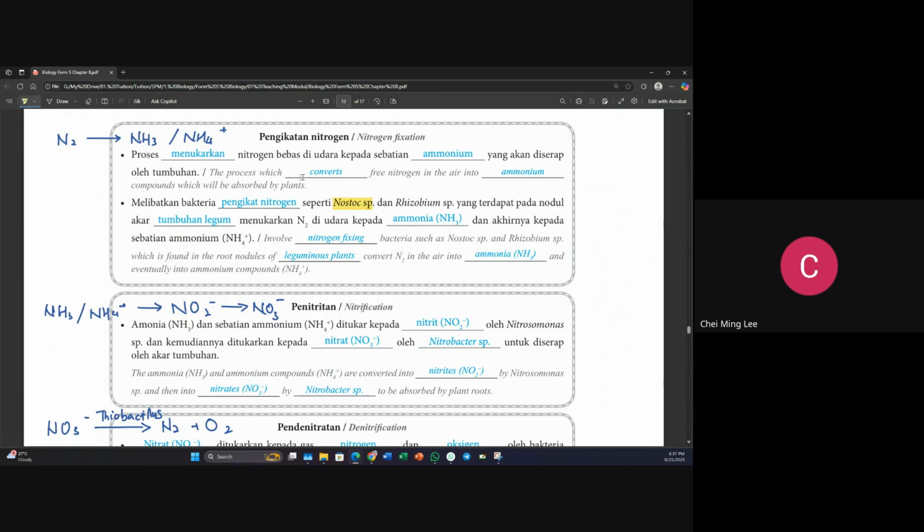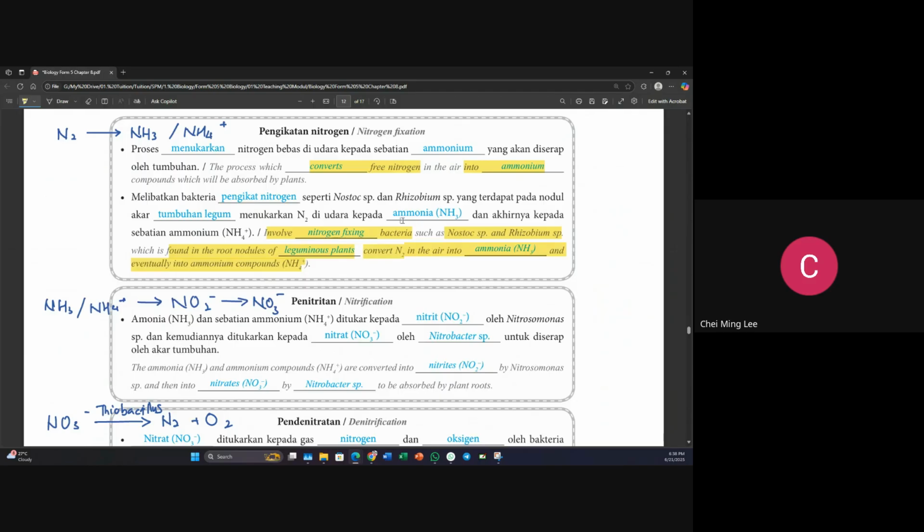This is the process where it converts free nitrogen in the air into ammonium, which will then be absorbed by plants. It involves nitrogen fixing bacteria like Nostoc and Rhizobium sp., which are normally found in the root nodules of leguminous plants, where it converts the nitrogen in the air to ammonia and eventually into ammonium compounds.